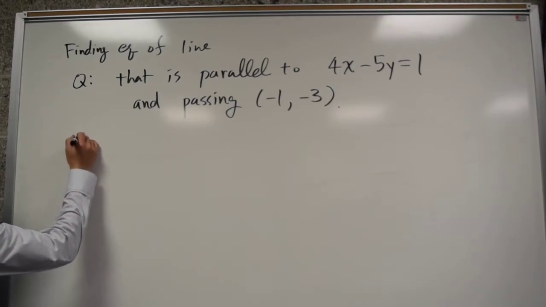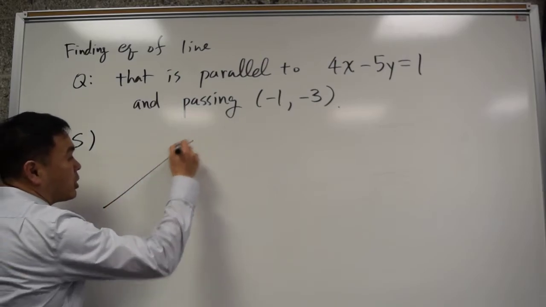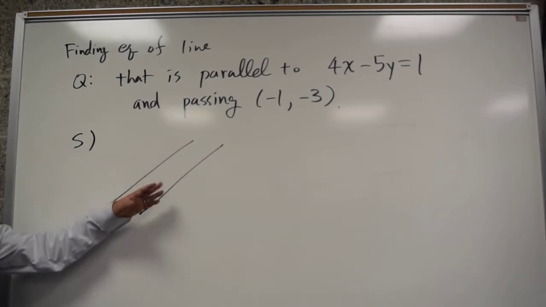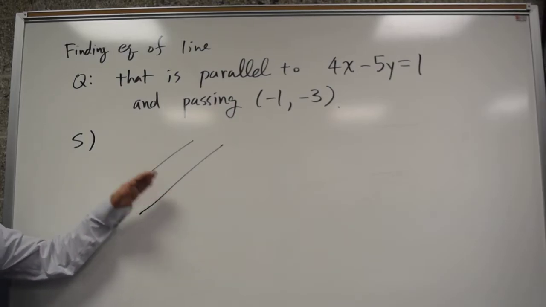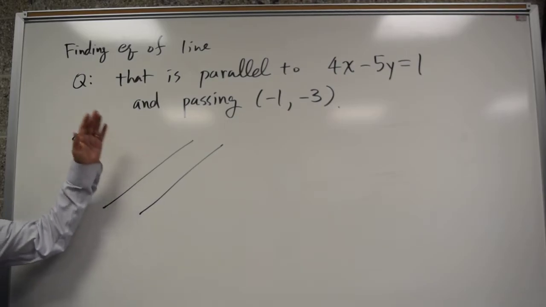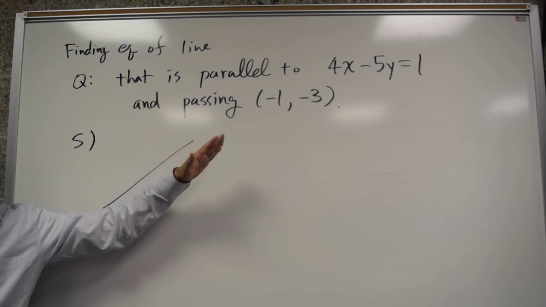Now, in order to solve this, the key idea is the following. If you have one line and another line that's parallel to it, what can you say about their slopes? The same. They should be the same, right? The slope gives you the slantedness, and they're slanted in the same exact way.